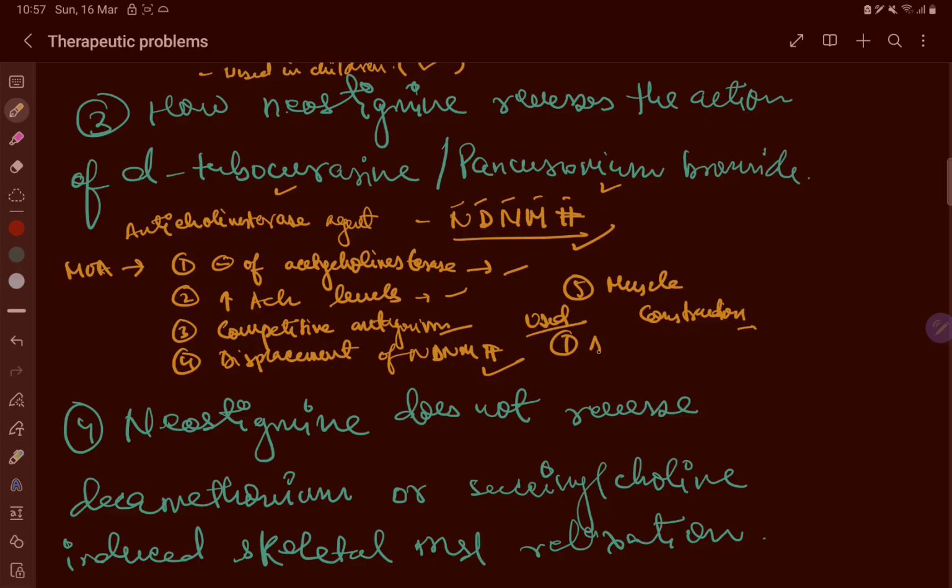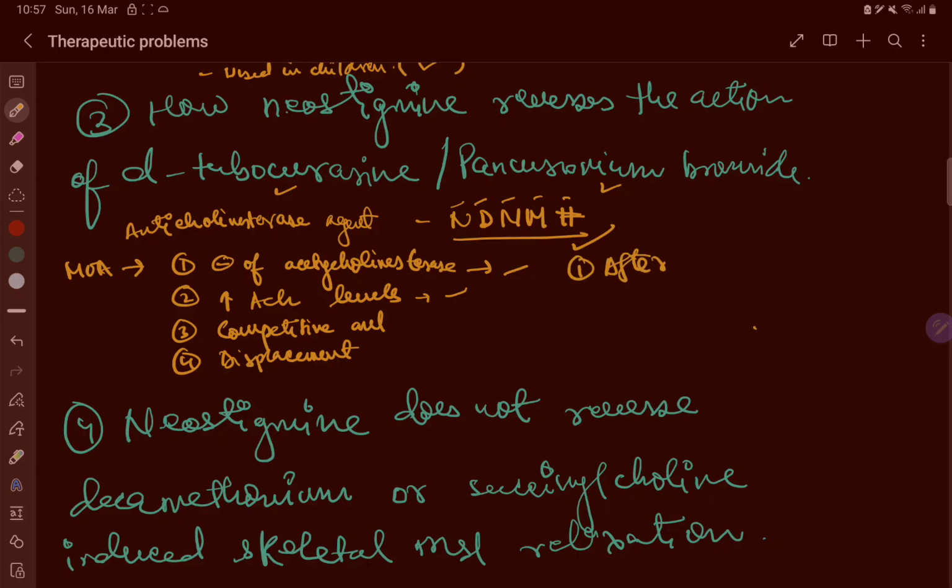So after any surgery, reversing the neuromuscular blockade after surgery, that is the first. The second is managing the toxicity or overdose from the non-depolarizing neuromuscular blocker.